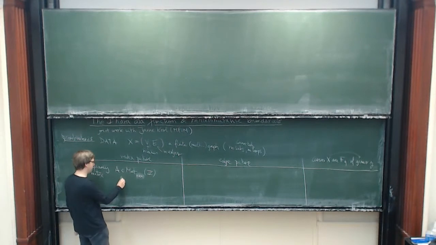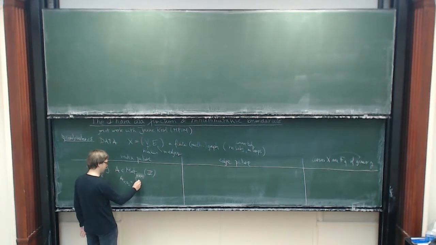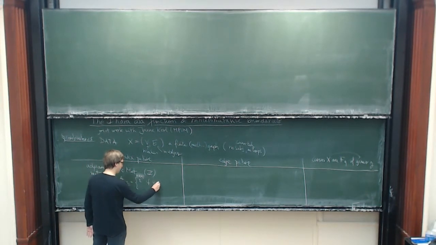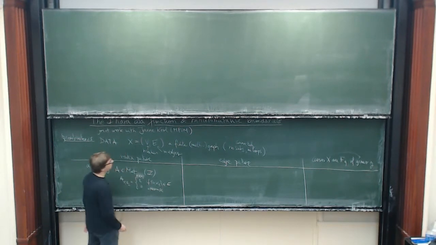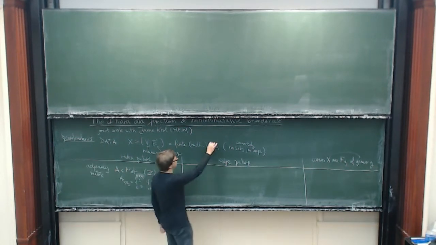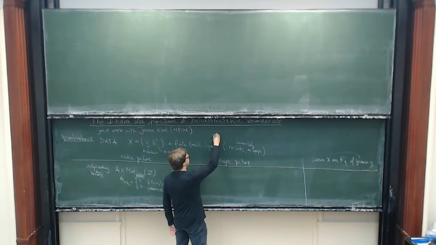And it's indexed by the vertices. It's going to tell you for two vertices whether or not they are connected. So this will be 1 if v1, v2 is an edge, and 0 otherwise. Maybe I should also say that this one is not oriented, so unoriented.